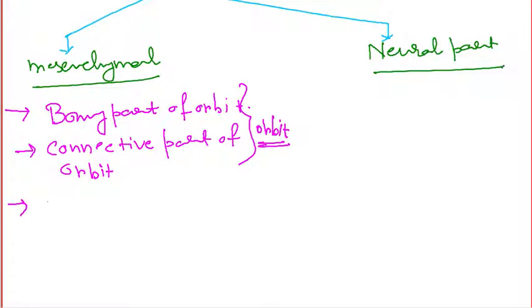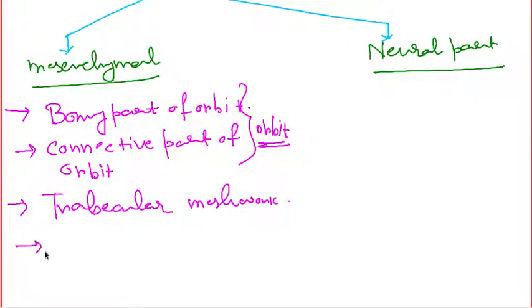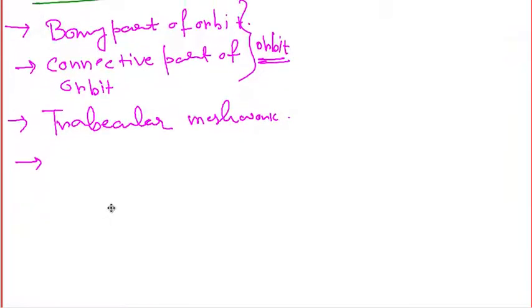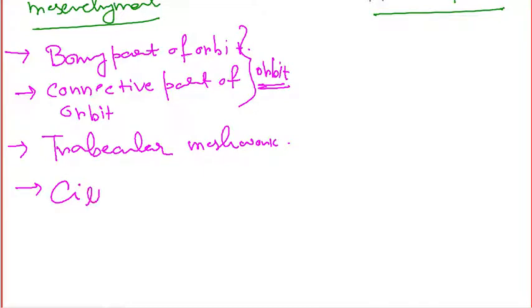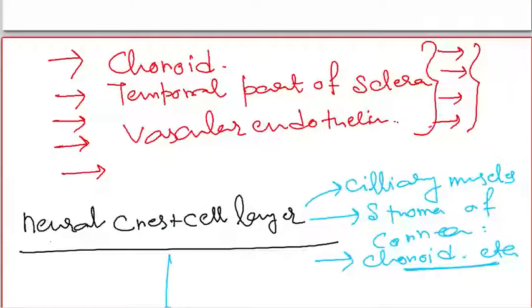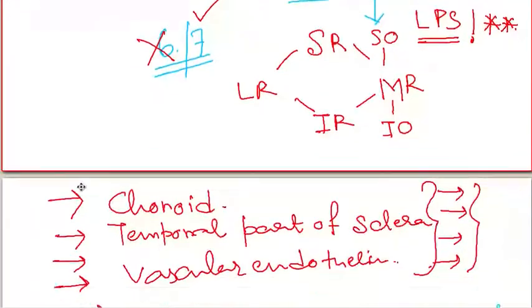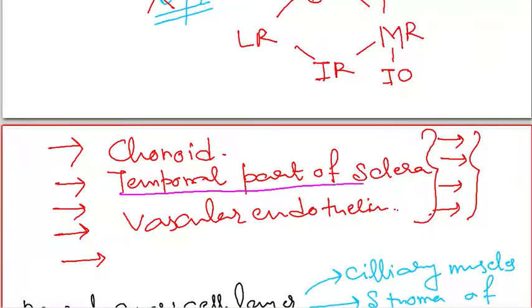Next is trabecular meshwork. Okay, I have already told about the ciliary muscles. And just now I have told you about the mesodermal origin of the temporal part of the sclera.